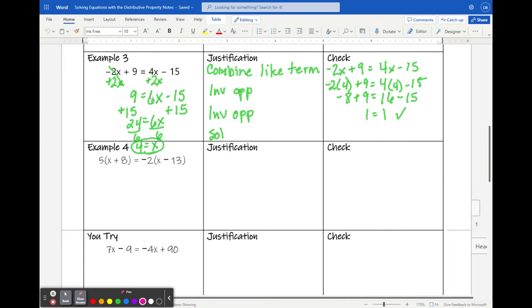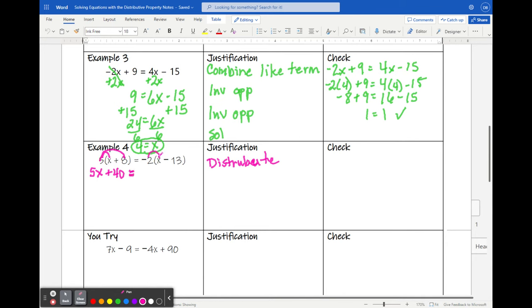All right, this time we have distributing on both sides of the equation. You can only distribute one at a time, so we're just going to work left to right. So we're going to distribute first. 5 times x, 5 times a positive 8, and I have the other side of my equation.